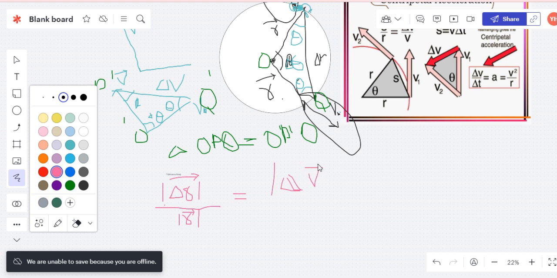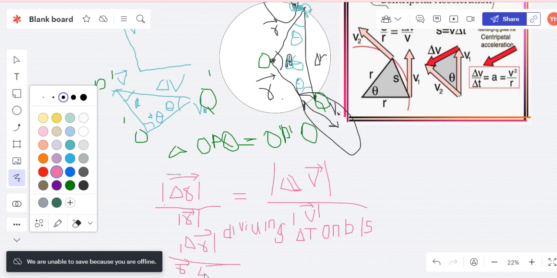Now dividing delta t on both sides, the magnitude of delta r divided by delta t times one over r is equal to the magnitude of delta v divided by delta t times one over v.